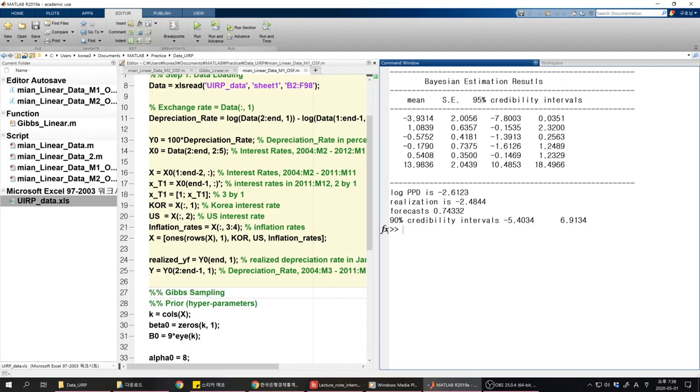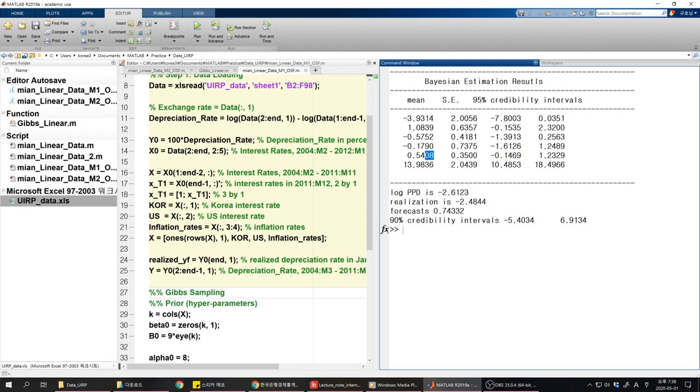We have to check the credibility intervals. And you see that the credibility intervals are very large. Which means what?